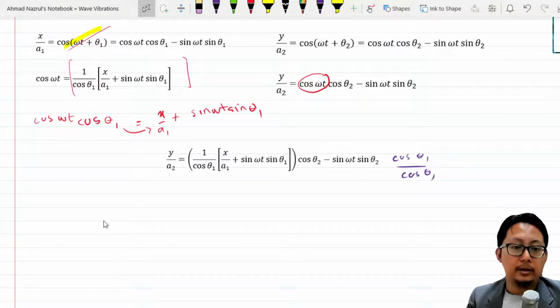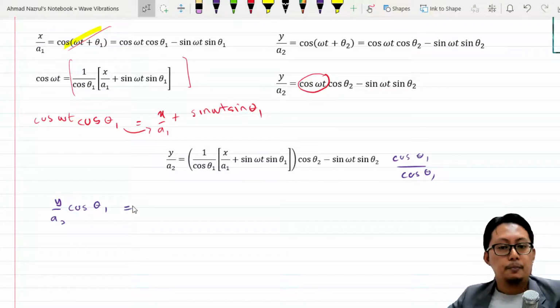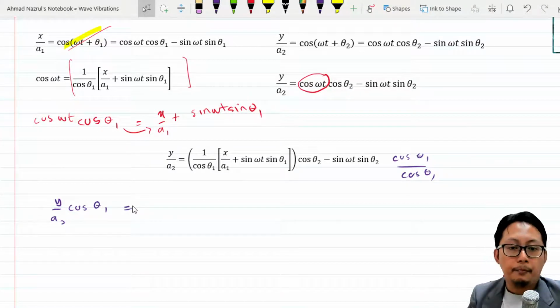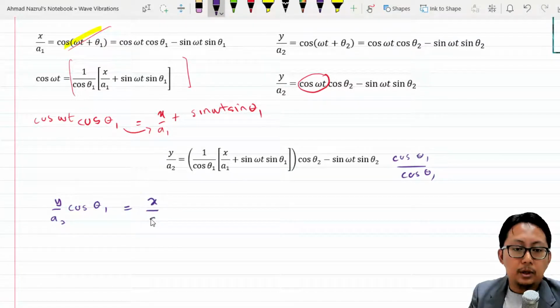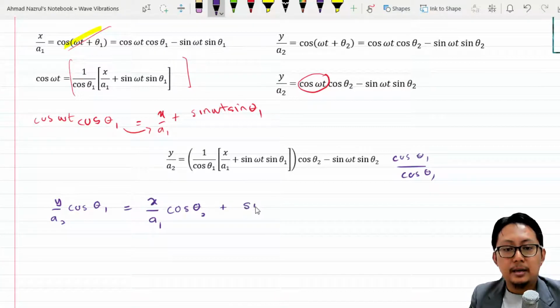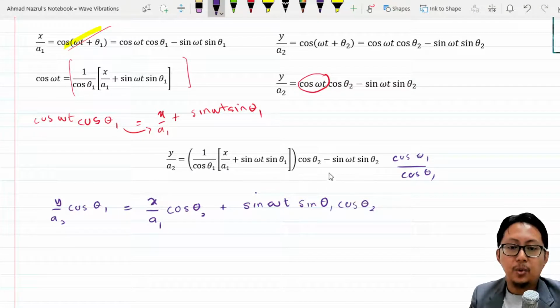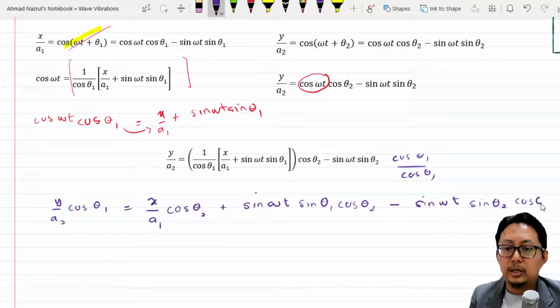So we have y over A2 cos theta 1 equal to x over A1 cos theta 2 plus sin omega t sin theta 1 cos theta 2, where we multiply both by cos theta 2, minus sin omega t sin theta 2 cos theta 1.